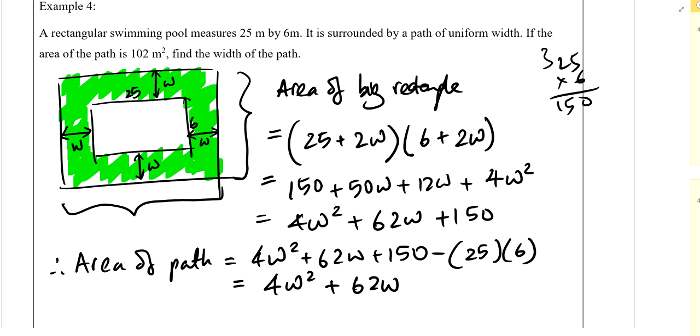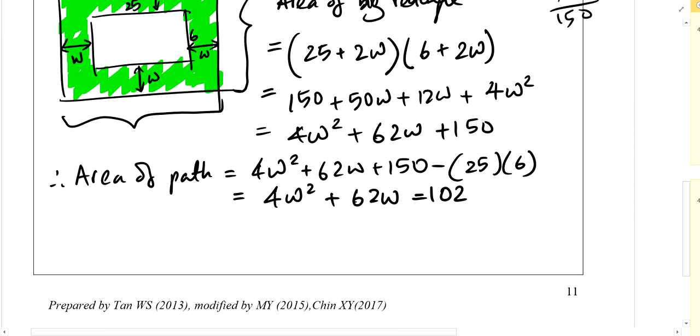Yeah, correct. And what is this area supposed to be according to the question? What is the value for this shaded area? 102. Then we continue with our same step 1, step 2, step 3. Make the right hand side equal to 0. Therefore, 4W squared plus 62W minus 102 equals 0.